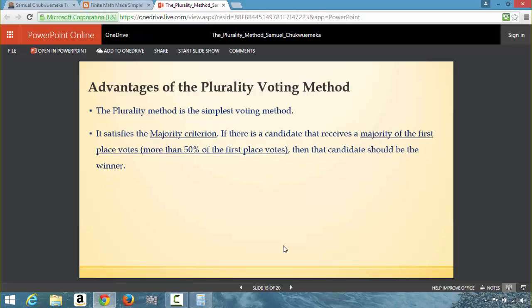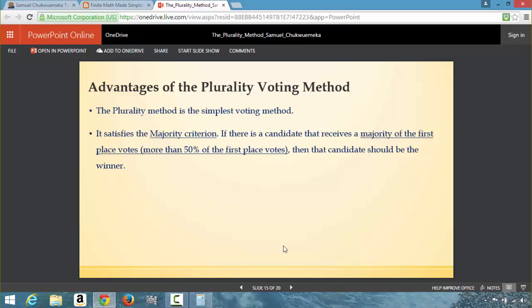It satisfies what we call the majority criterion. We shall discuss this criterion extensively when we do the 6th part of the video playlist. That is the fairness criteria. But what is the majority criterion?